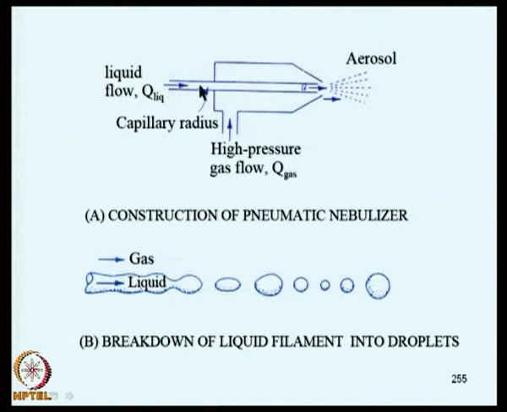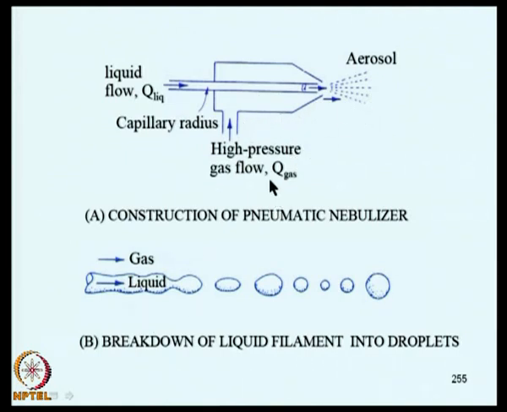The liquid is flowing through this, and high pressure gas from a butane cylinder or something like that can be mixed, and both are allowed through an annular space which immediately forms an aerosol. This is a very standard technique and very simple also.